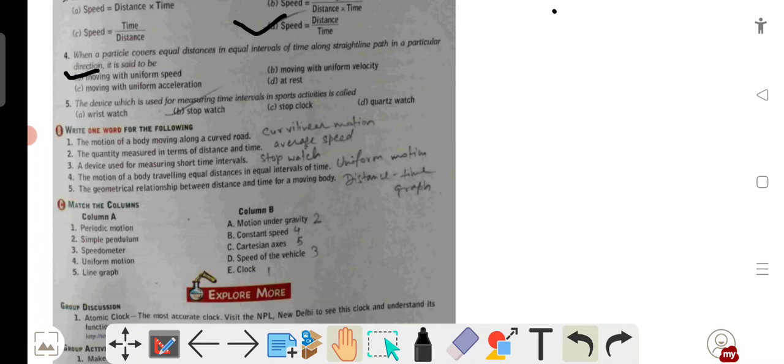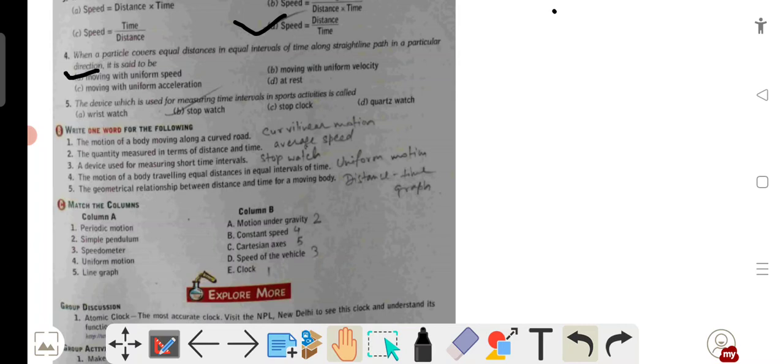Simple pendulum: motion under gravity, because of the weight of the bob. Third, the speedometer shows the speed of the vehicle, and the odometer denotes the distance traveled.